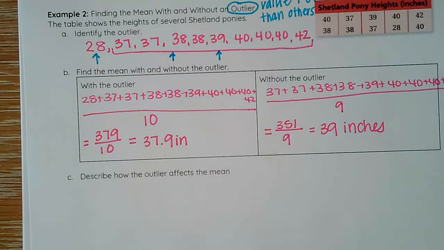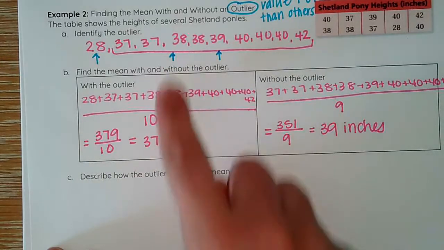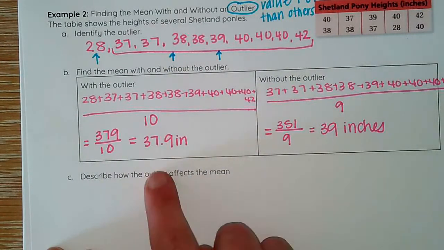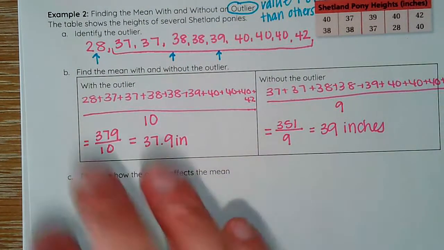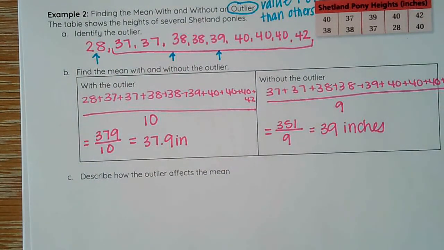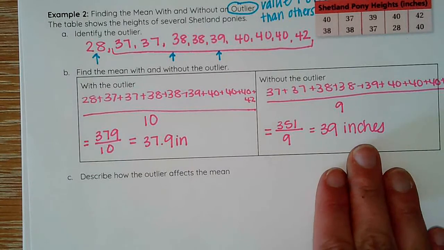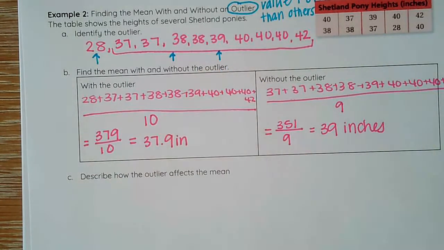Now, I can see that this number is only greater than 3 out of my 10 data points. And I want my mean to represent center as best as possible. Whereas that 39 in this case is more center. It's kind of in the middle of all those data points. It's more typical.